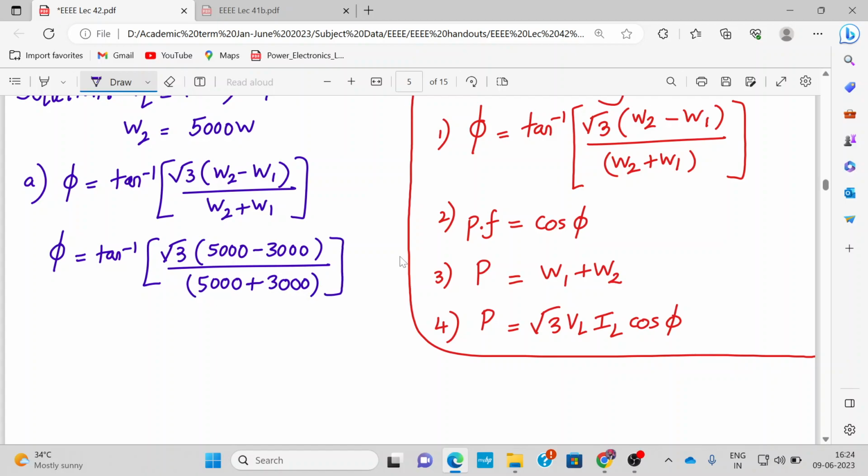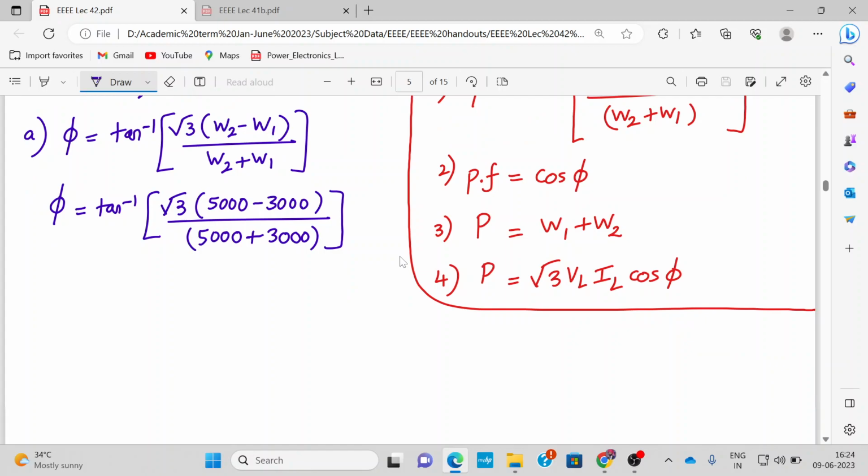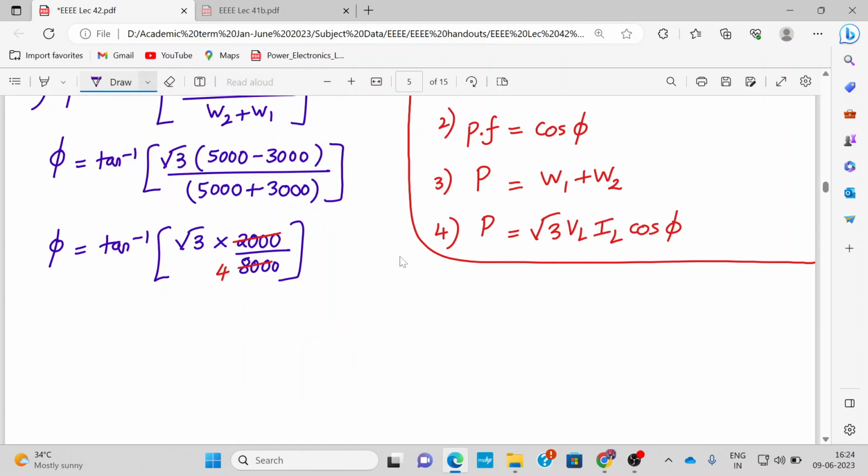So it will be basically 2000 divided by 8000, which will give us directly 1 by 4. So root 3 by 4. So tan inverse of root 3 by 4 will give phi as around 23.41 degrees. Alright. So once we got this, we can easily find the power factor.